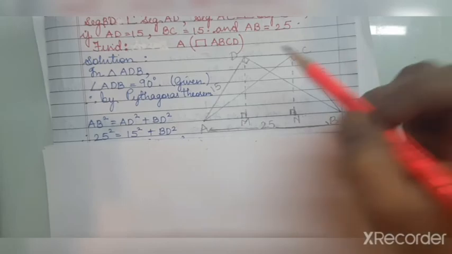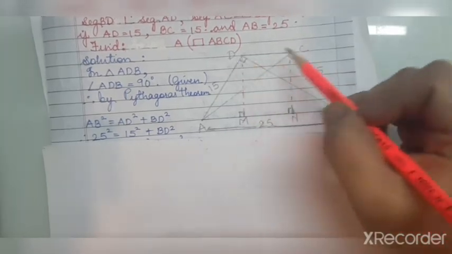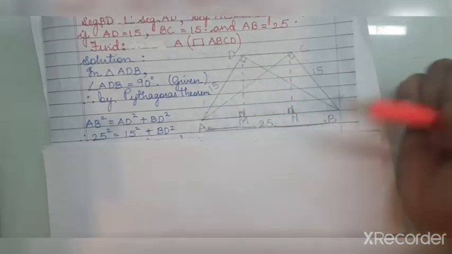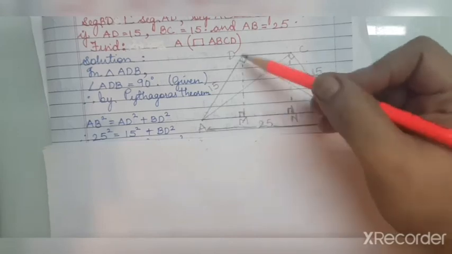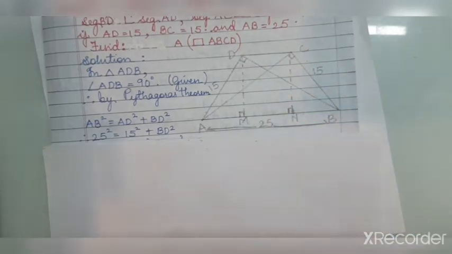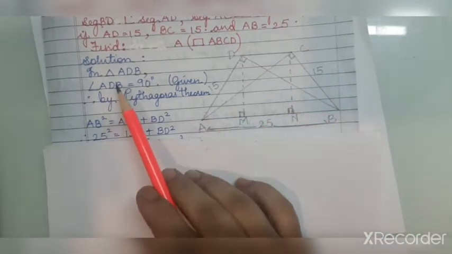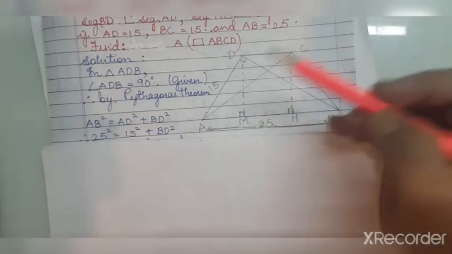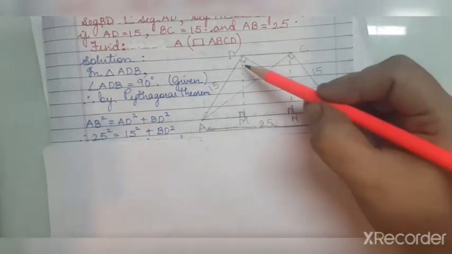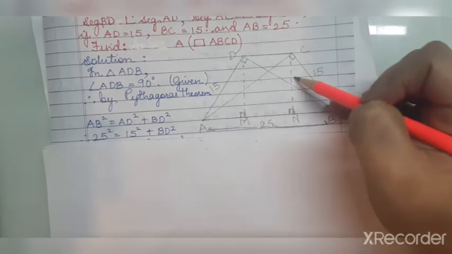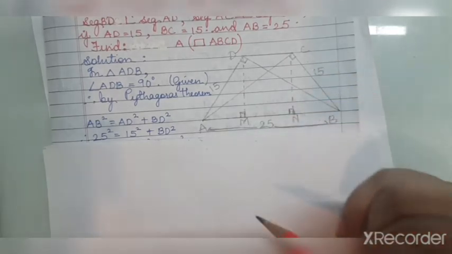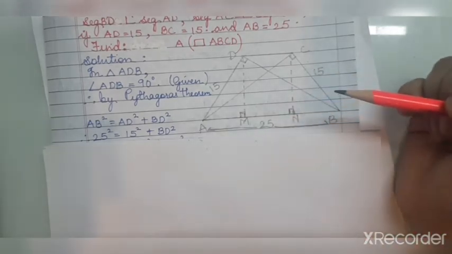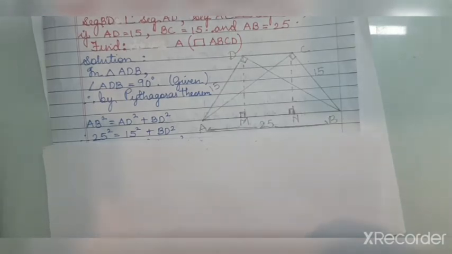So how do we reach here? By getting DC and the height. So we begin with our sum. Since the figure is given, we'll start directly. In triangle ADB, these perpendiculars which are given have formed right angle triangles. We'll see first which are those right angle triangles.